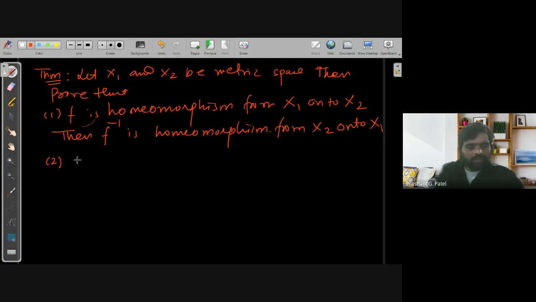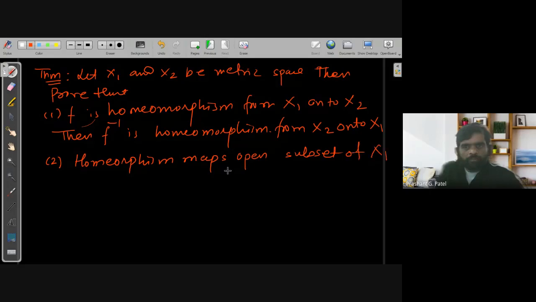The second one: a homeomorphism maps an open subset of X1 onto an open subset of X2.